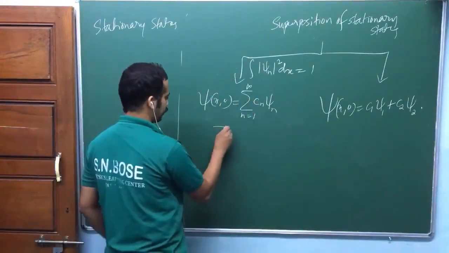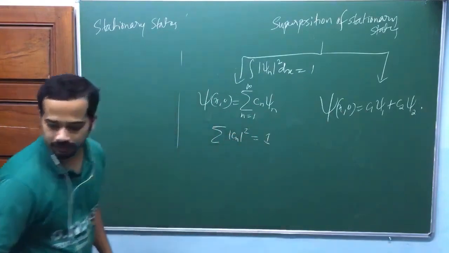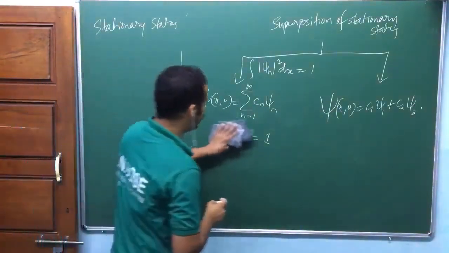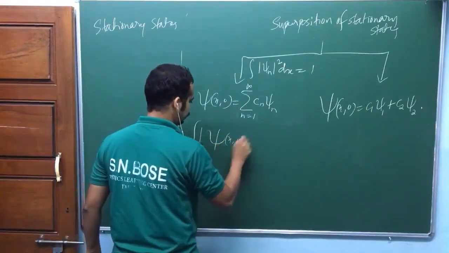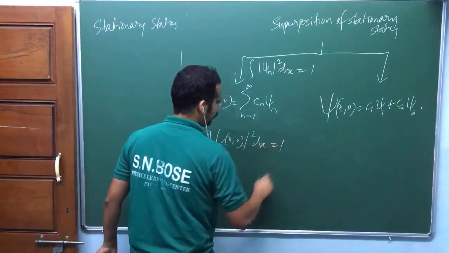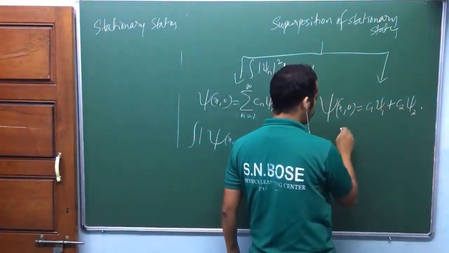Now look here. This way of normalization is very lengthy. You will have infinitely many terms. You just normalize like this. But if it is not normalized, again you normalize like this.